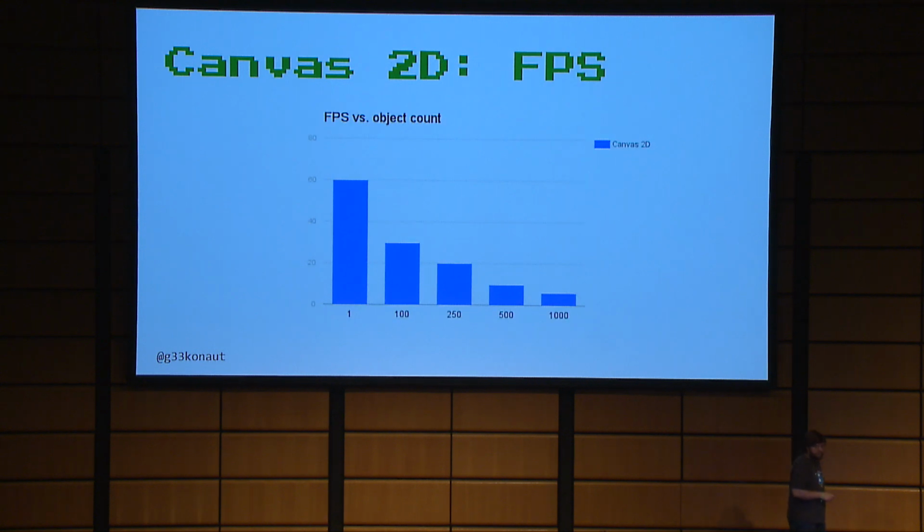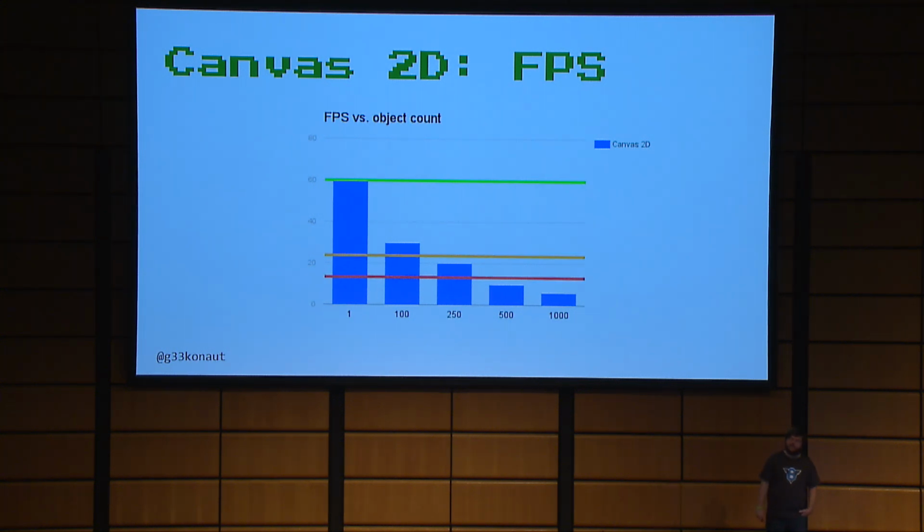But let's go to the performance. So with Canvas 2D, if we draw one image, then we get a smashing 60 frames per second on a 2016 laptop from Lenovo. If we draw 100 images, we get around 30 frames per second-ish. And let's not talk about the rest of the numbers.